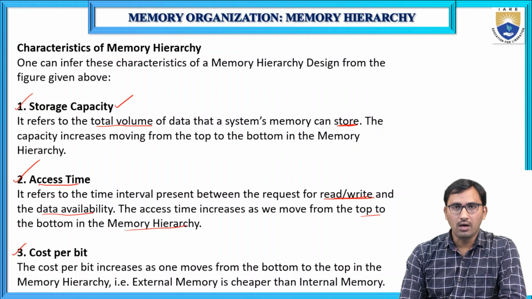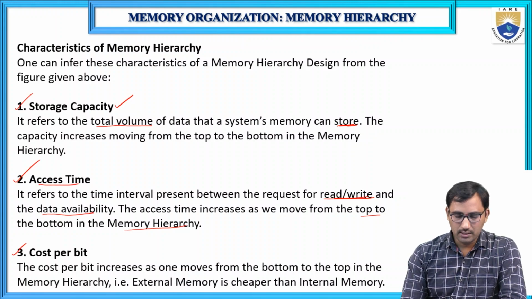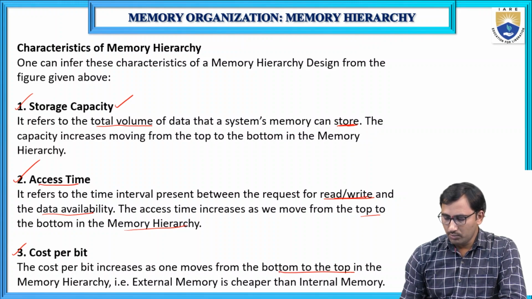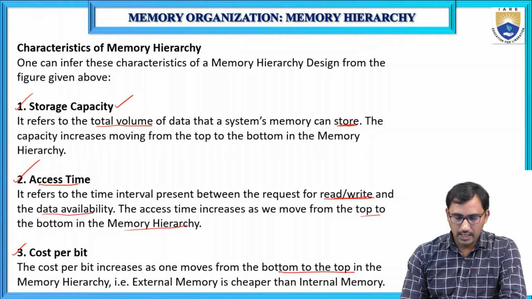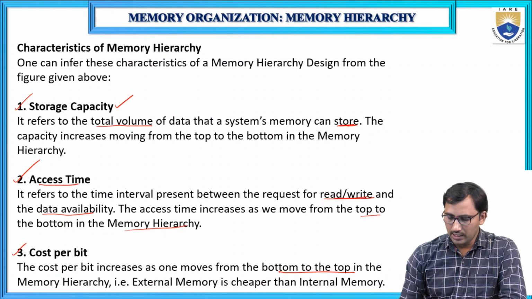And last, cost per bit. The cost per bit increases as one moves from bottom to top in the memory hierarchy. External memory is cheaper than internal memory.